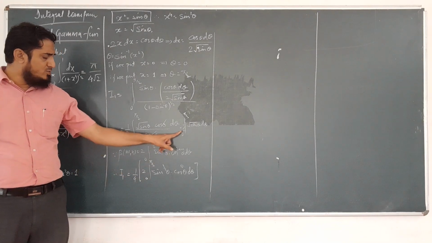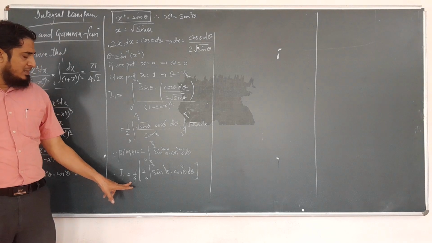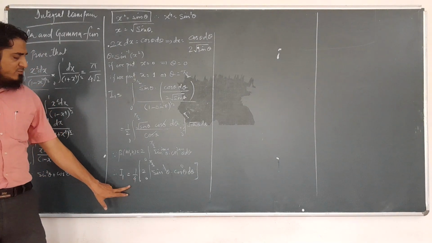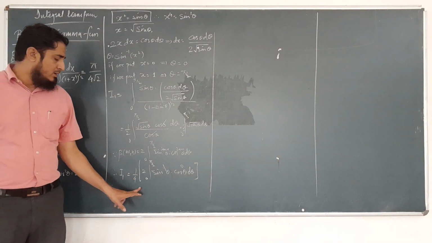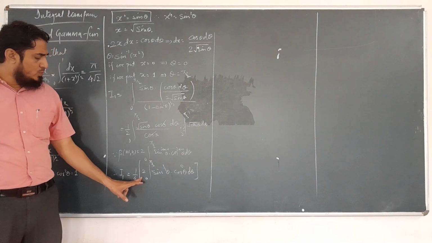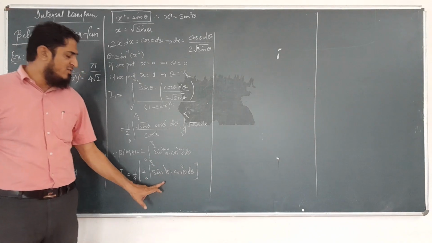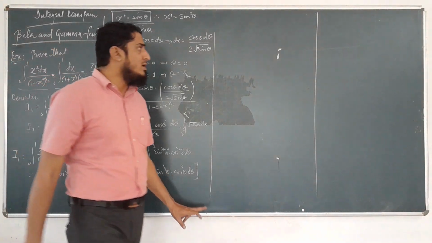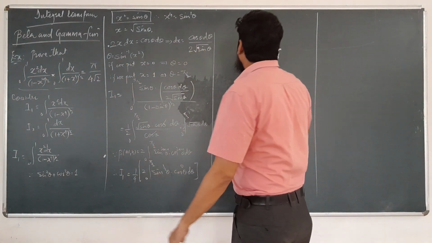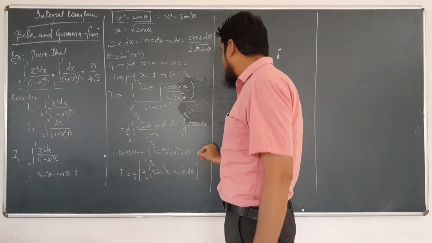That 2 and this 2 after multiplication becomes 4, so 1 upon 4 into the bracket 2 integration of 0 to pi by 2 sine raised to half theta into cos 0 theta d theta. Now compare with the above equation.